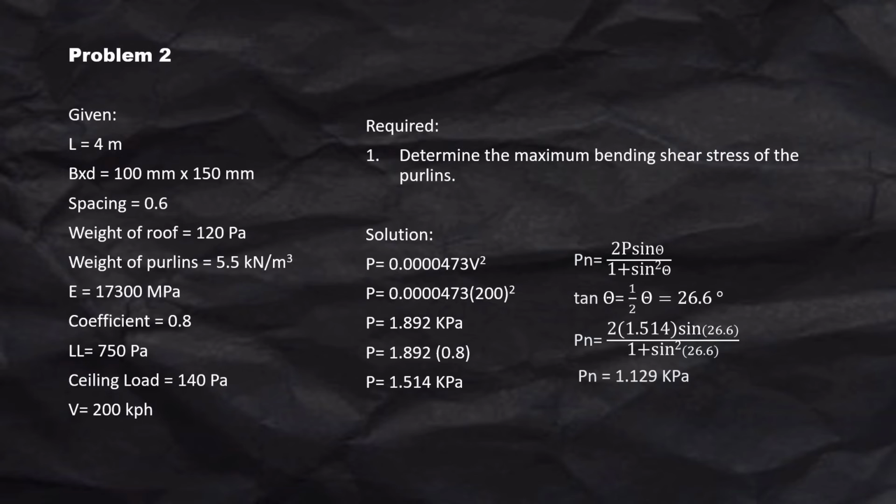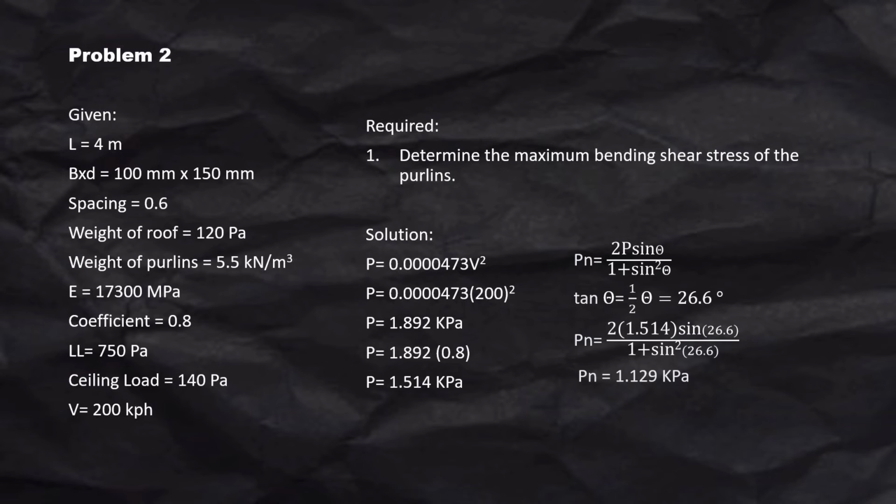For the normal, P normal is equals to 2p sine theta over 1 plus sine squared theta. Para makuha natin theta, nakuha natin na tan theta is equals to 1 half. So, ang theta natin is 26.6 degree.